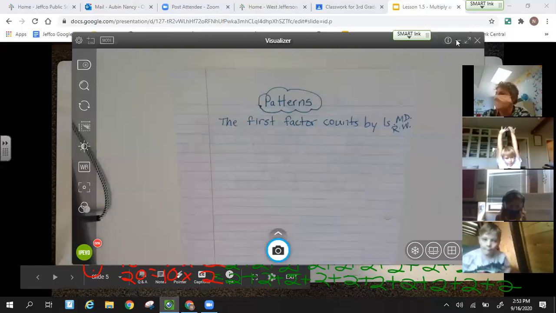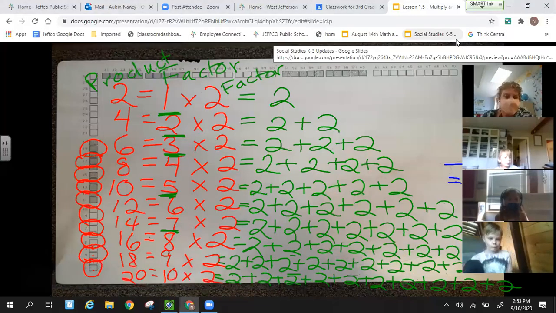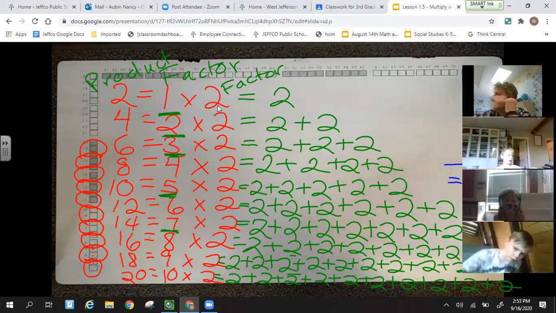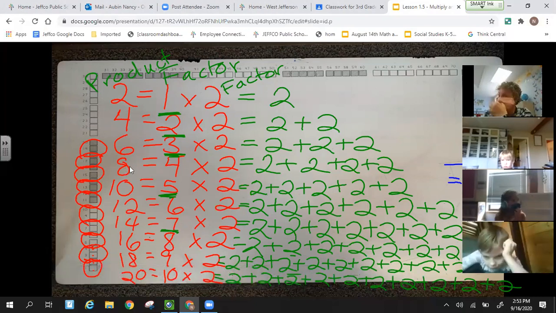All right, let's look at it again. Another pattern, Paxton. And what's the name of the answer to a multiplication problem? It starts with a P. Your product counts by twos.